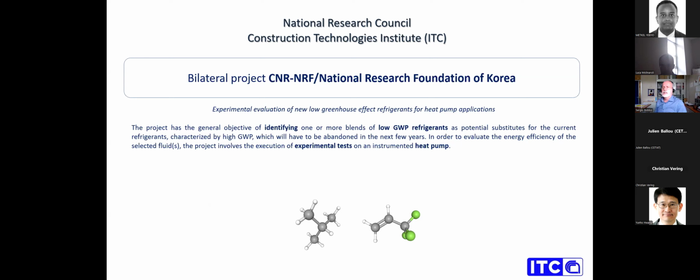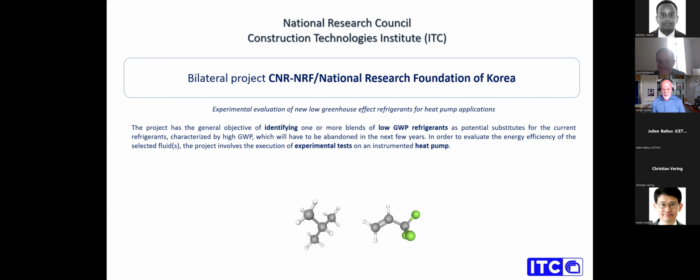And the second part was performed by us in the laboratories of the National University of Seoul, and we tested one of these mixtures, actually the isobutane plus 1234YF mixture at the azeotropic composition in a laboratory heat pump to evaluate and compare its performance with R134A refrigerant.